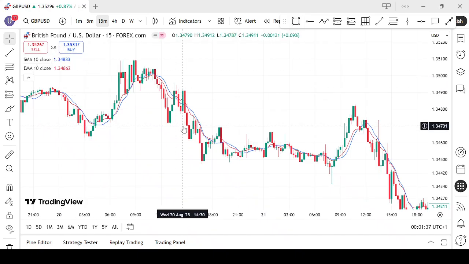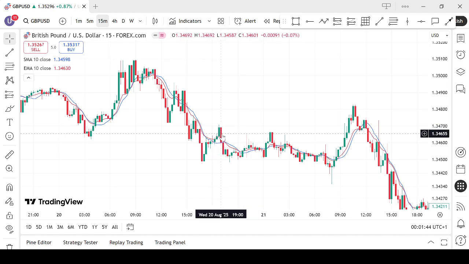While the EMA is giving more weight to the recent price movements. That means it is quicker to respond compared to the simple moving average.